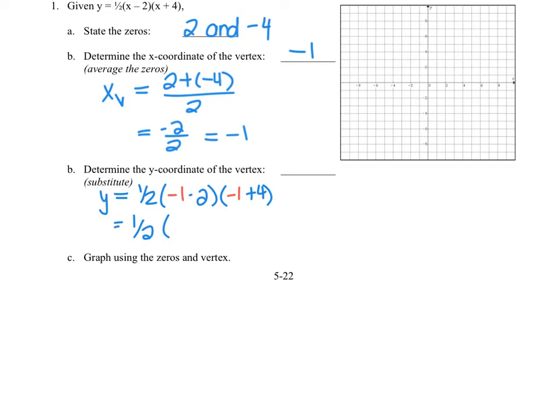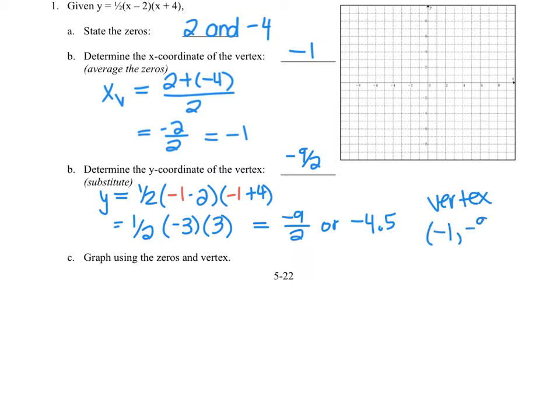So negative 1 minus 2 is negative 3, negative 1 plus 4 is 3, and now if I do 1/2 times negative 3 times 3, I end up with negative 9 over 2, or negative 4.5 for graphing reasons. Okay, but I'm going to keep it as a fraction. Okay, so the vertex is negative 1, comma, negative 9/2.